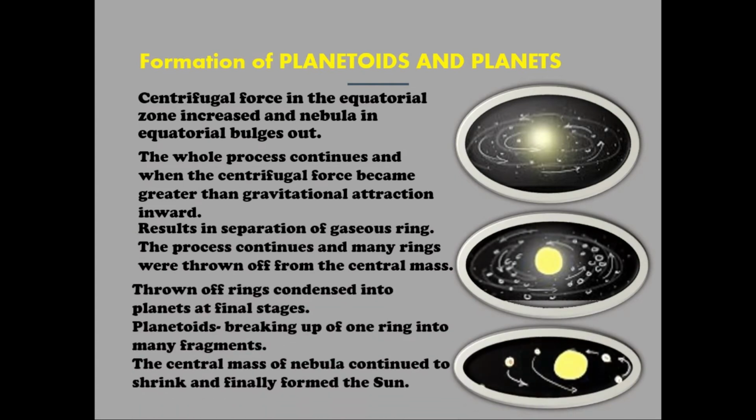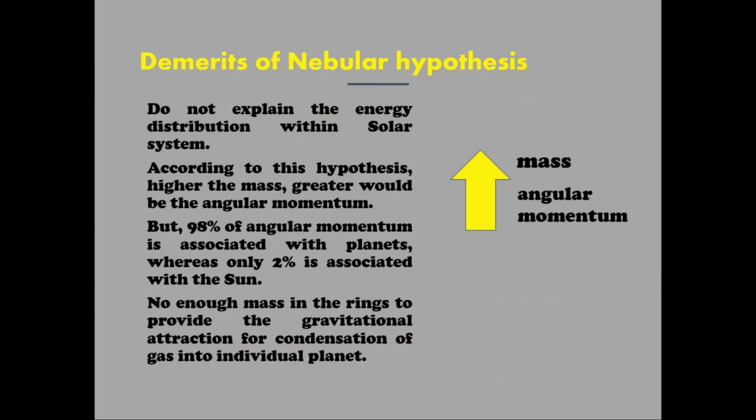Such separated rings consolidated into planets at final stages. Those are called planetoids. So planetoids are the breaking up of one ring into many fragments. After the fragmentation, the central mass remains unchanged but continues to shrink. Then finally it becomes the Sun.